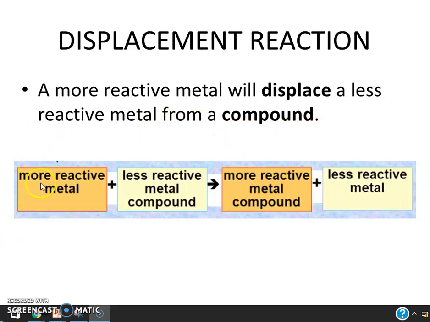So we have a more reactive metal and a less reactive metal compound. The more reactive metal can react easily with the compound. Therefore, it will replace the less reactive metal to form a more reactive metal compound and the less reactive metal.